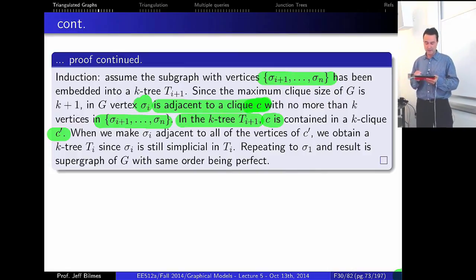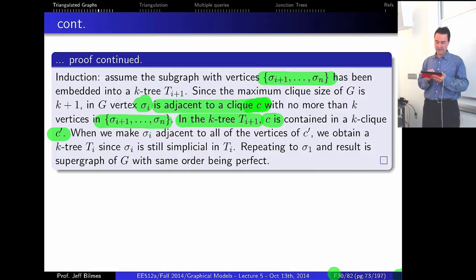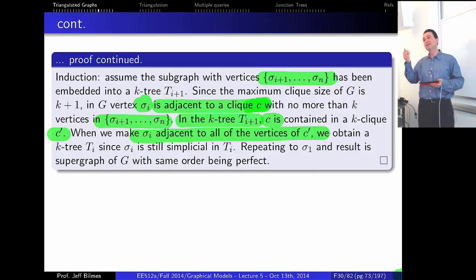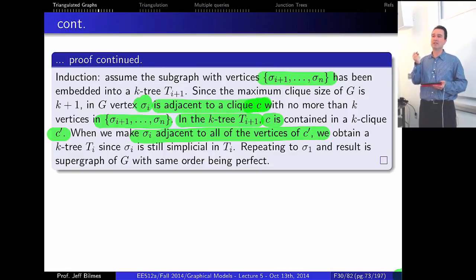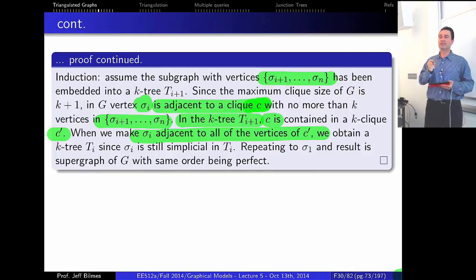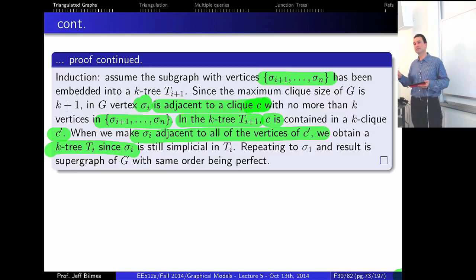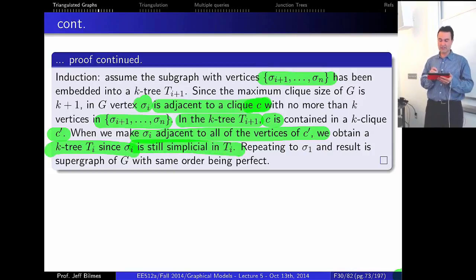What we do then is make sigma I adjacent to all of the vertices in the clique C prime that contains C, which was the original set of vertices that sigma I was adjacent to in the original triangulated graph when we eliminated sigma I. This produces a K-tree, Ti, because sigma I is still simplicial in that graph. That's the induction step, and then we just repeat this process all the way back to sigma 1.